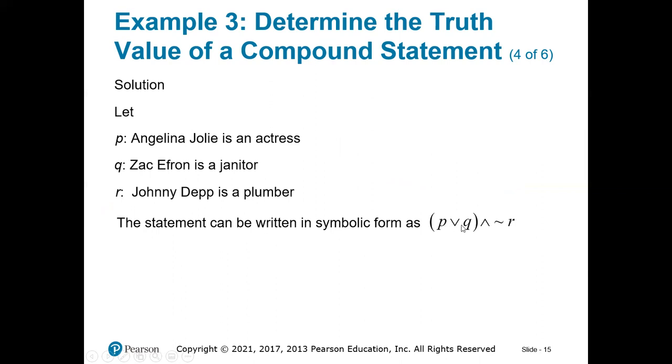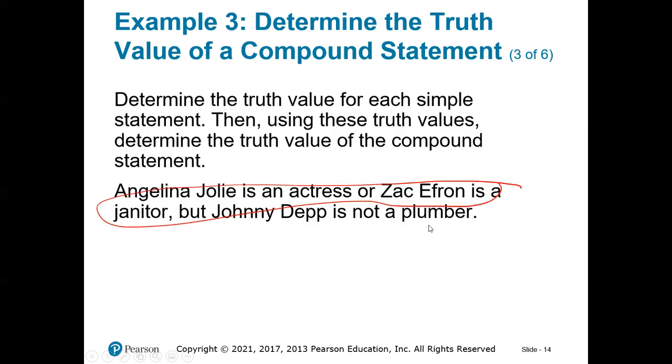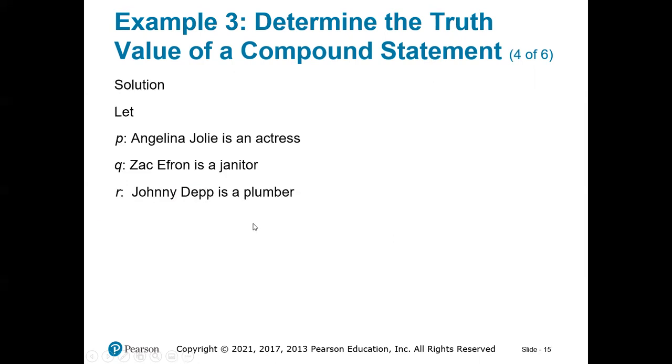Angelina Jolie is an actress, or Zac Efron is a janitor, and there is a comma. Have you noticed the comma, right? This comma here, what does this mean? The comma is like, put everything before the comma in parentheses because we have two statements, and continue and do the third one.